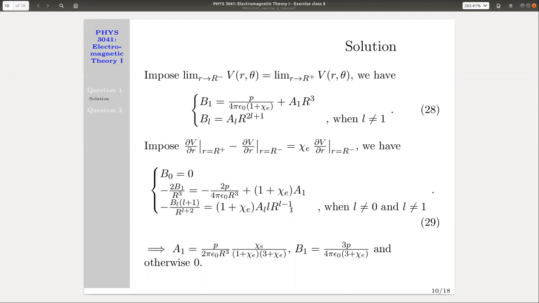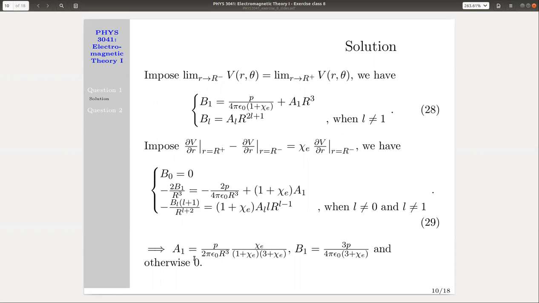And after combining the relations in equation 28 and equation 29, you should be able to show that there will be only A1 and B1. All other terms vanish.